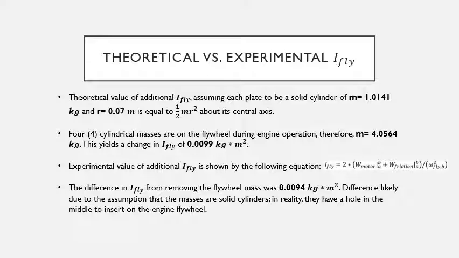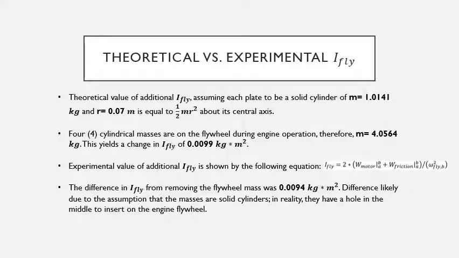Therefore, in theory, the moment of inertia about the central axis of each mass will be 1/2 mr squared. With 4 of these masses on the engine flywheel, we have that 4.0564 kilograms of mass will be added to the flywheel. Plugging that into the equation, we get a change in flywheel moment of inertia of 0.0099 kilogram meters squared, and that is the theoretical change.